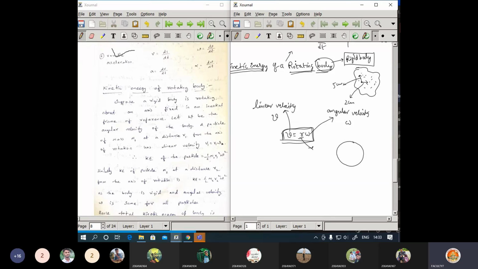Here this is the center and this is the axis, and throughout this axis the object is going to rotate. Say this is the y-axis and this is the x-axis, so the angle is 90 degrees. In this plane the object rotates around this. So y remains constant, and this is the axis of rotation.